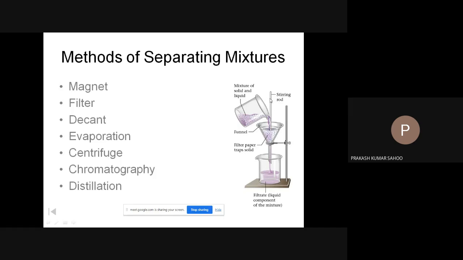Then with the help of a stirring rod or glass rod, we will separate the solid constituents from its solution.